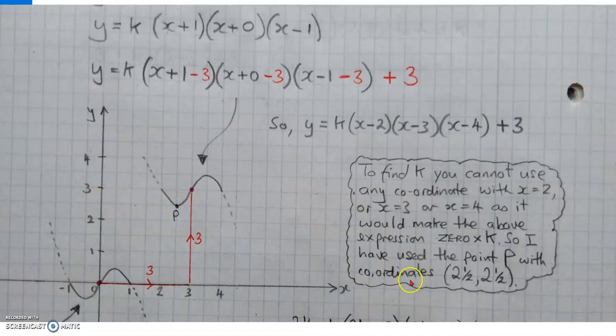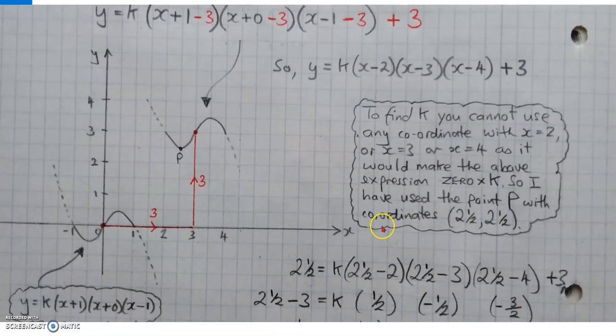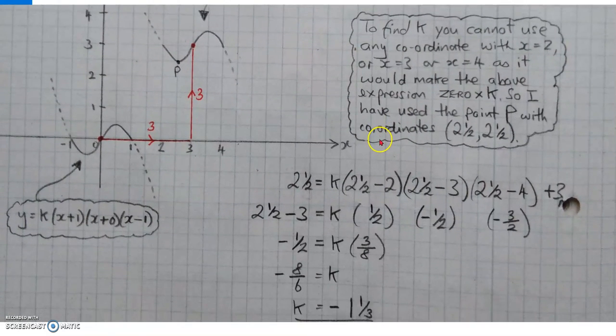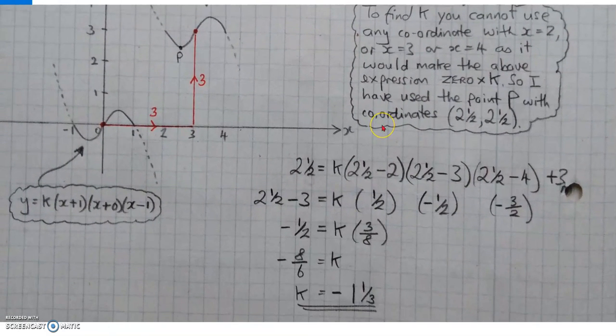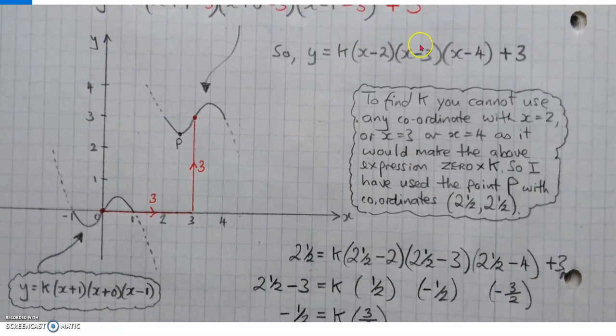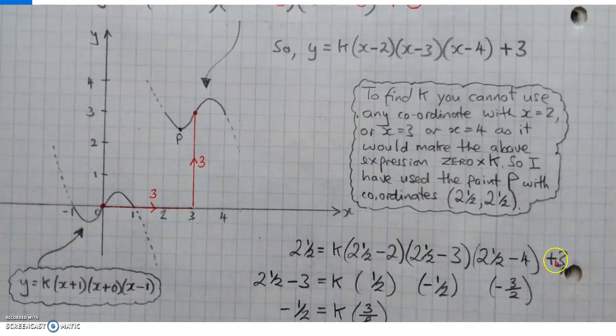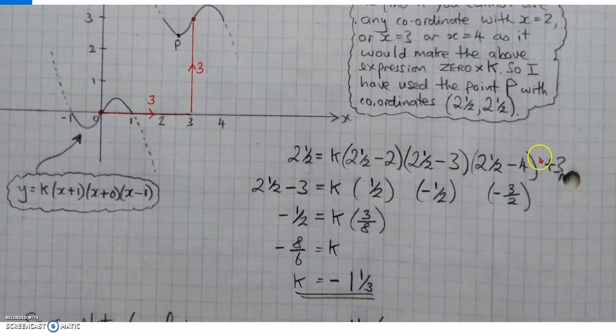And when you do that, you get something that looks pretty fearsome, but when you work it out clearly, it comes to this here. You put 2.5 for y, and into that formula you found here, for each one of those x's you write 2.5, 2.5, 2.5. Don't forget your plus 3 on the end. Then, if you take your plus 3 over, it goes to minus 3.